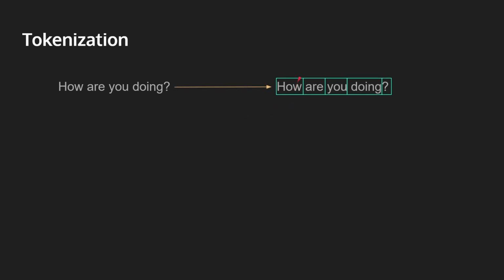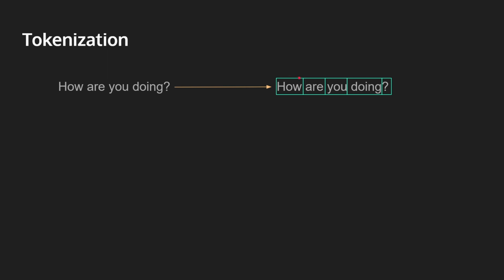The first term is called tokenization. Tokenization is simply the process of breaking a text into different words. So what do I mean by that? Well, let's start with an example. Say I have this sentence, how are you doing? Well, if I apply tokenization, it simply transforms it into different words, right?